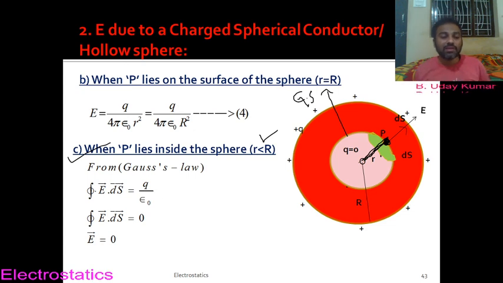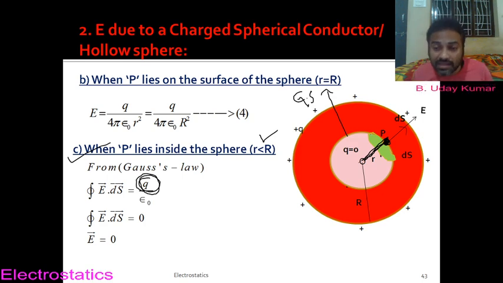Now applying Gauss law, we get integral E dot ds is equal to 1 by epsilon 0 times the charge enclosed by the Gaussian sphere. This is the formula we have to apply here. But remember, this Gaussian sphere is present inside the conductor. In the beginning of this topic, I already told you that whatever charge is given to the conductor, the entire charge is uniformly distributed on its surface, and no charge will be present inside the conductor.